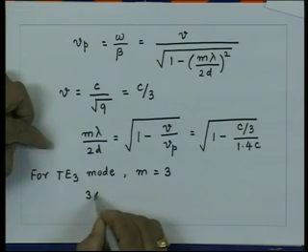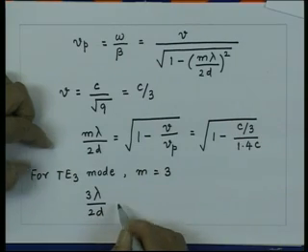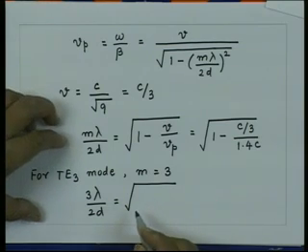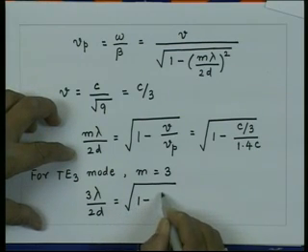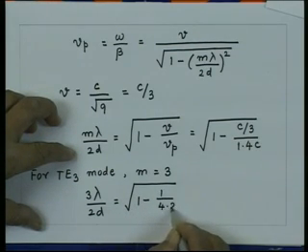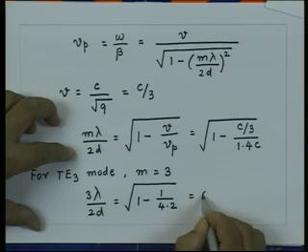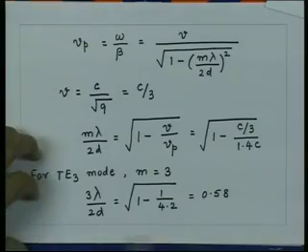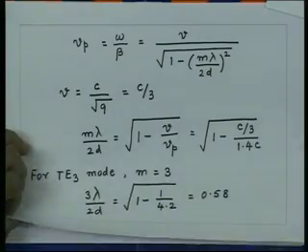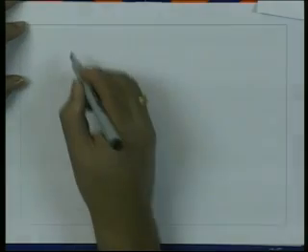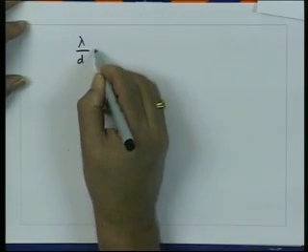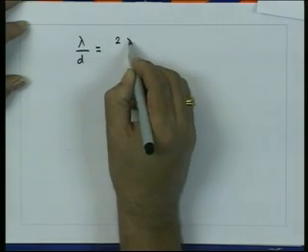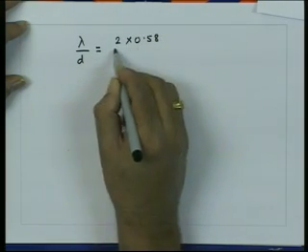So we get 3 lambda upon 2d equal to square root of 1 minus 1 upon 4.2, that will be equal to 0.58. From here we can find out this quantity lambda upon d. So we get lambda upon d equal to 2 into 0.58 upon 3.